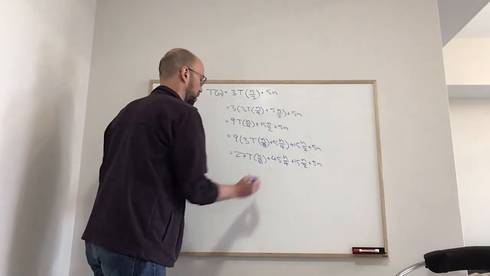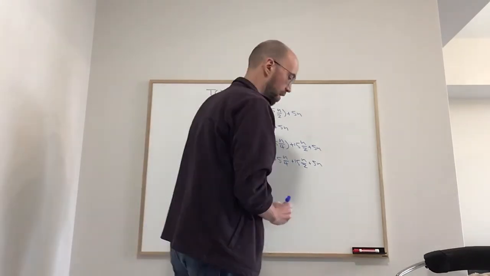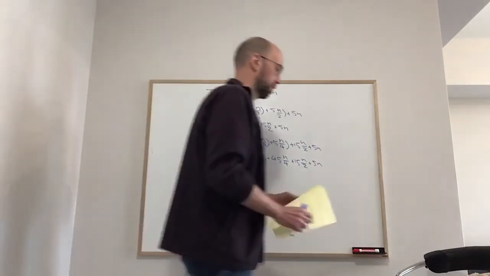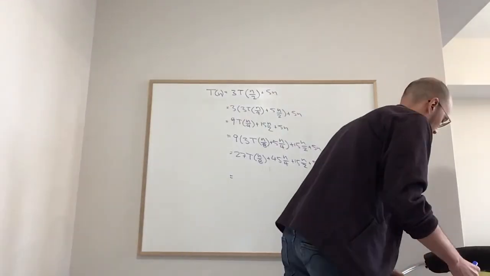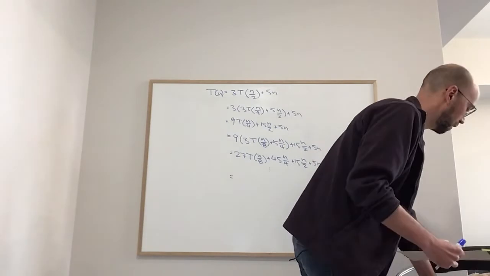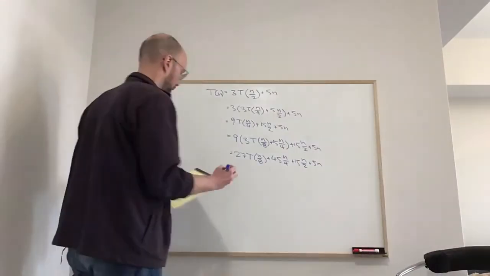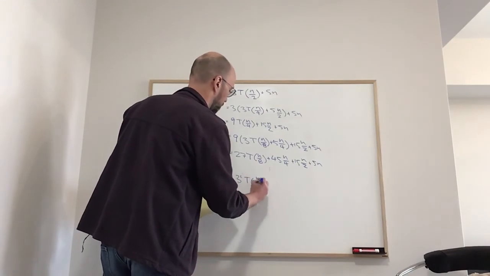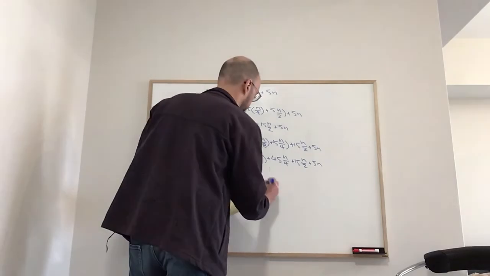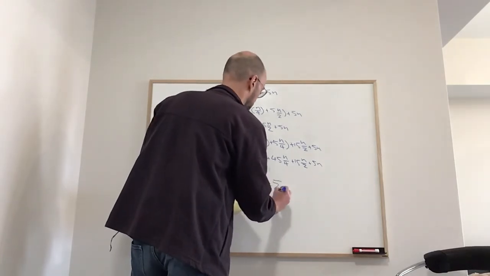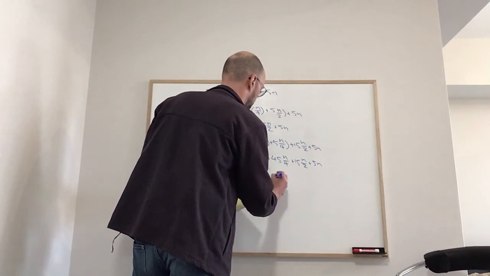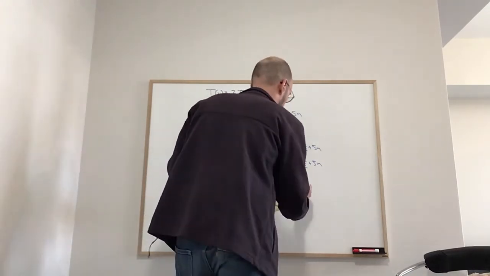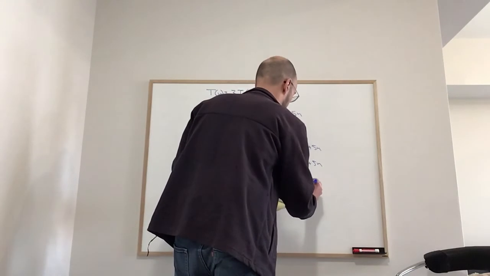In general, when we keep doing this, we get 3 to the i times T(n over 2 to the i), plus the sum for j equal to 0 to i minus 1 of 3 to the j times 5 times n over 2 to the j.